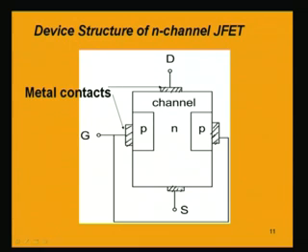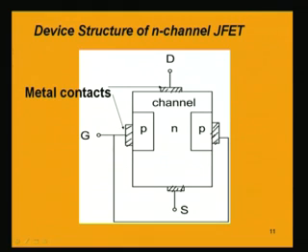And here these two P regions which have the metal contacts are connected together. These two P's are connected together, and the gate terminal is drawn out from these two metal contacts.